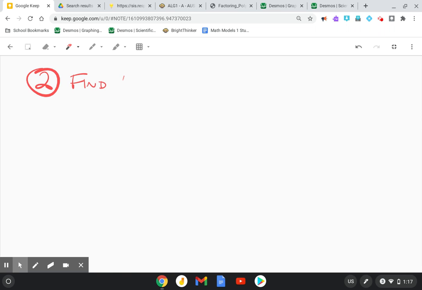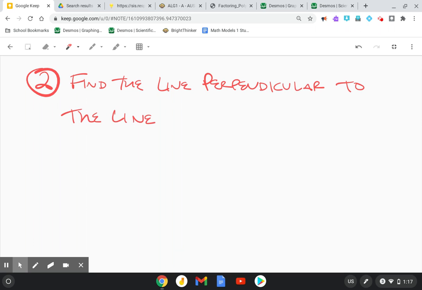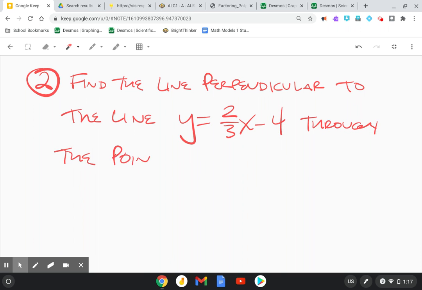Find the line perpendicular to the line y equals 2/3 x minus 4 through the point (-2, 5).